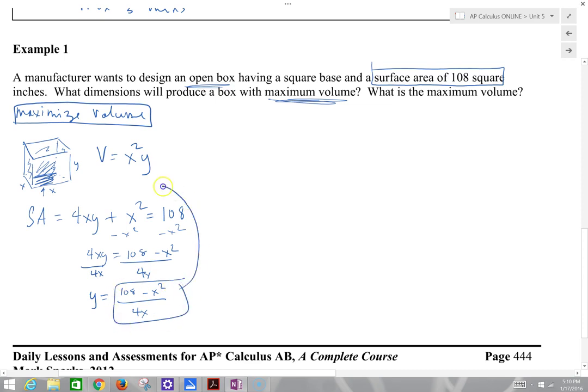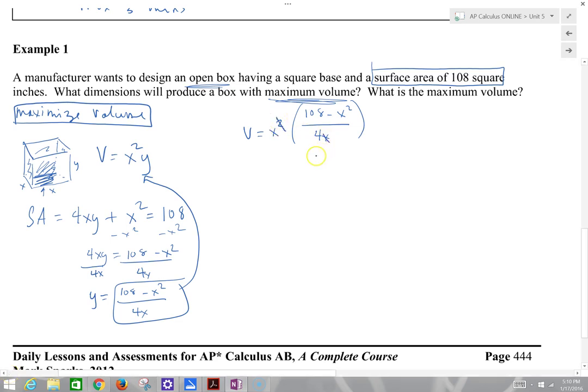And this we're going to plug in right there. So here's our messy volume now. The volume is equal to x squared times y, which is 108 minus x squared all over 4x. And this is what we need to find the derivative of. We definitely want to simplify this.